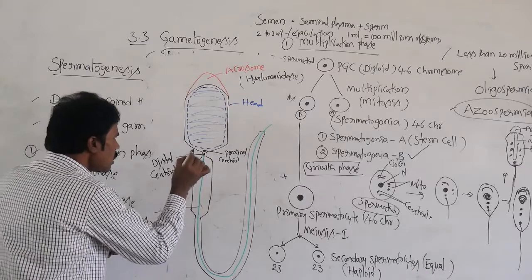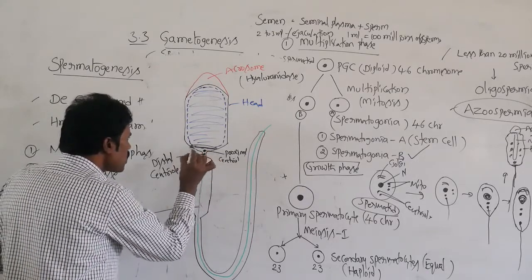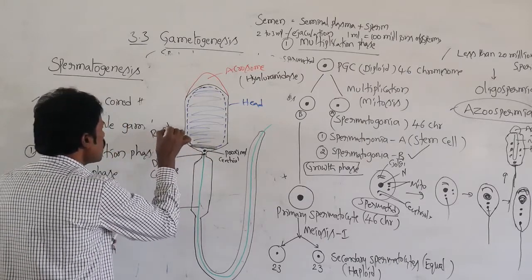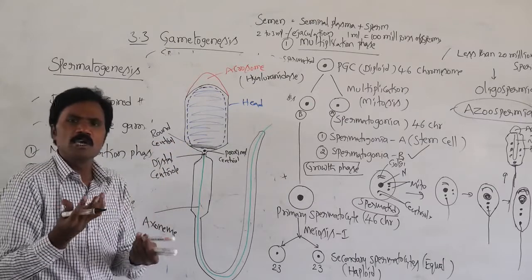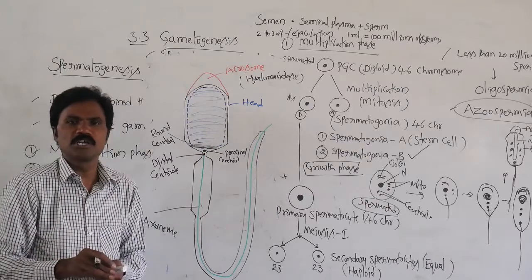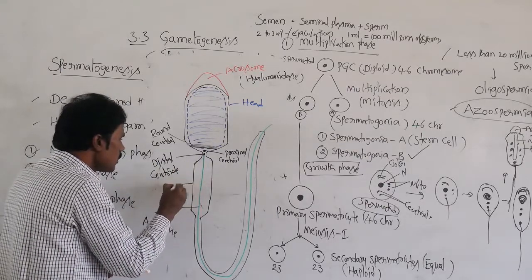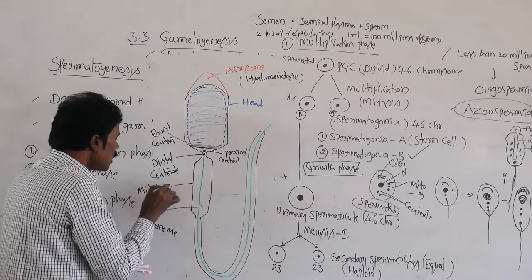But at the basal part, one more centriole is present, the annular or round centriole, but there is no specific function related to that particular part. Then this is the middle piece or middle part.